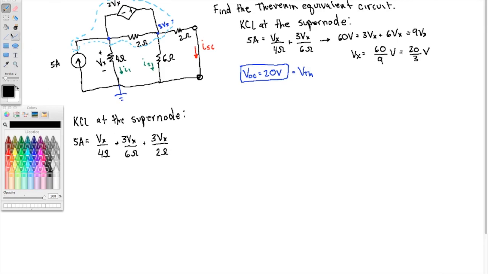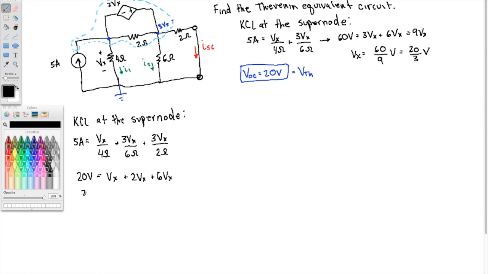Okay, and so the common denominator here, 3 over 6 is 1/2, so the common denominator is really 4 ohms. So let me multiply everything by 4. So this is 20 volts equals Vx plus 2Vx plus 6Vx.